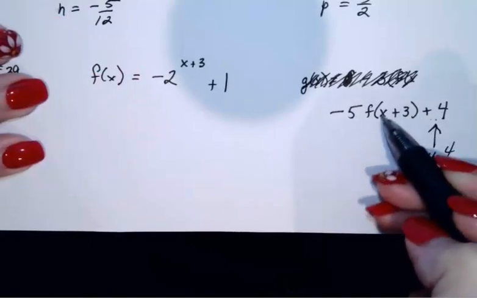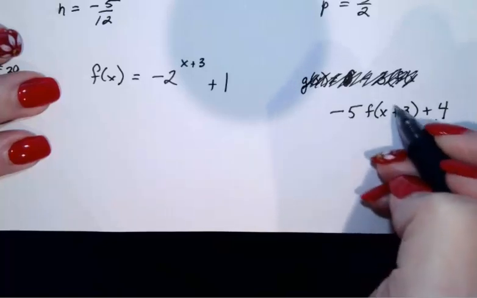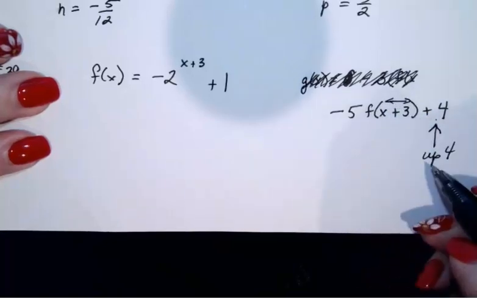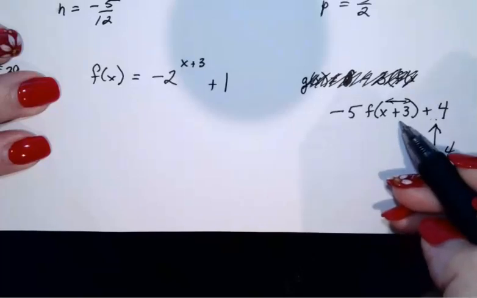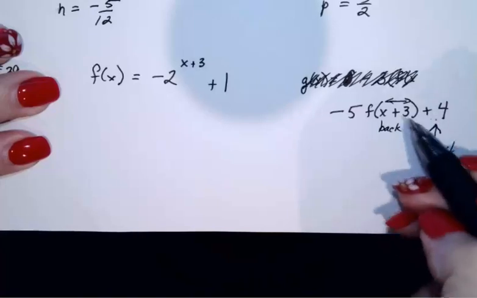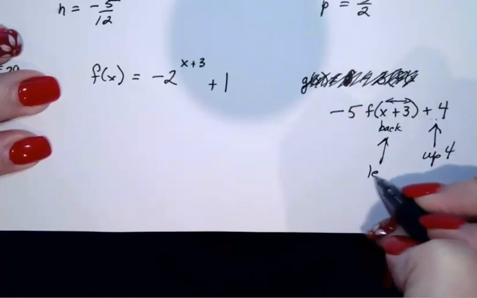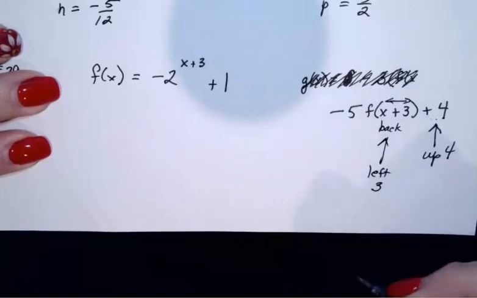Things that are inside the function are left and right. They're backwards, aren't they? So this is going to the left 3.